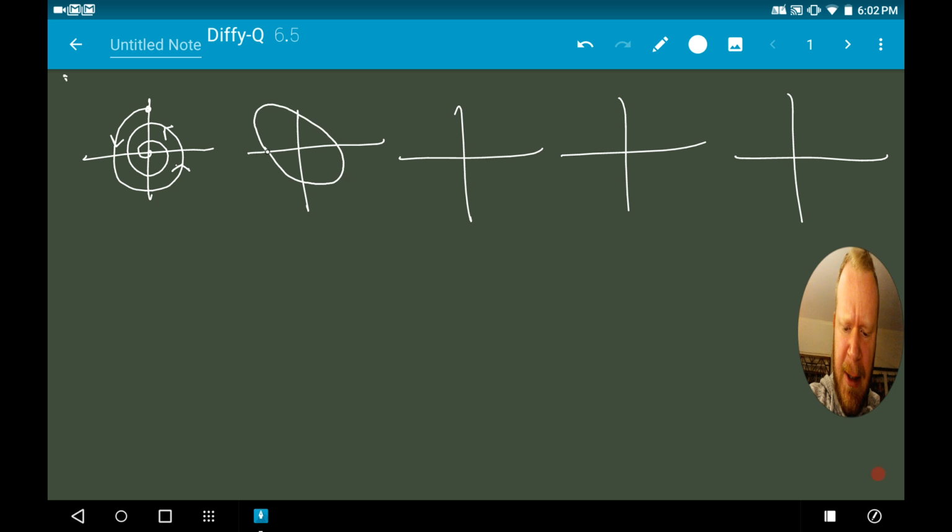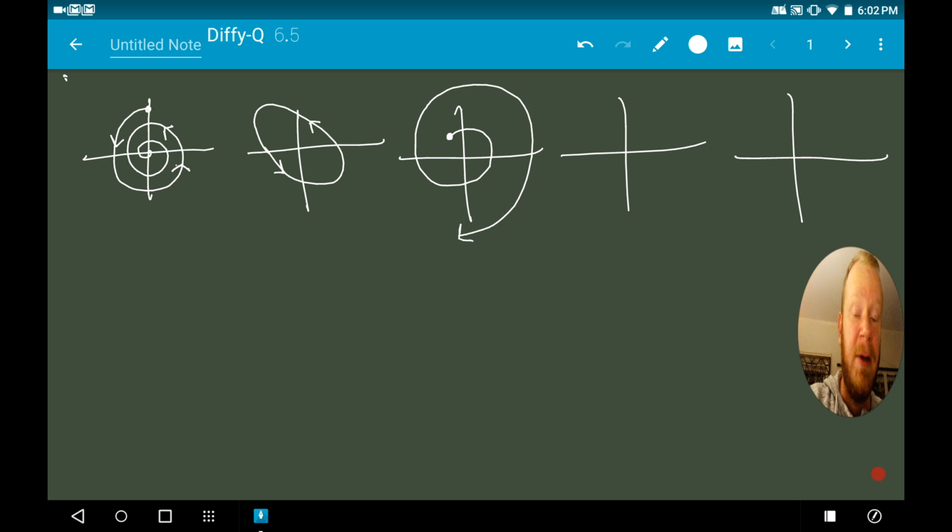We looked at a system where it would just go in a circle perpetually. We looked at a system that had that same spiral shape, so maybe we start here, but then it started to spiral outwards from there.